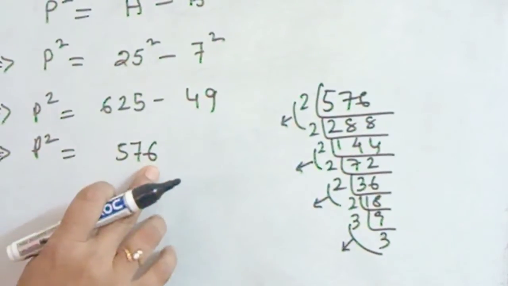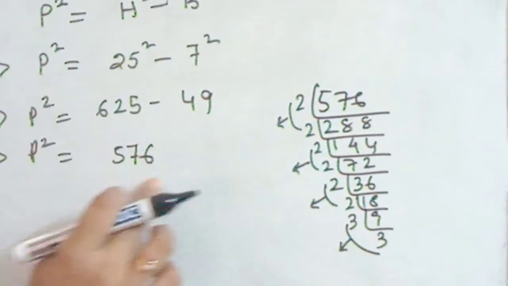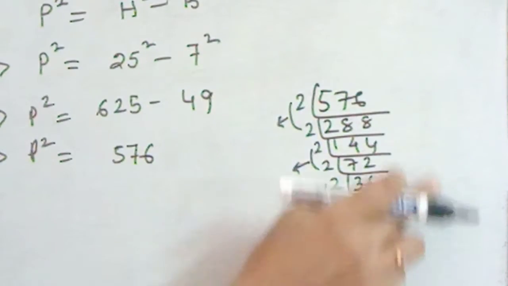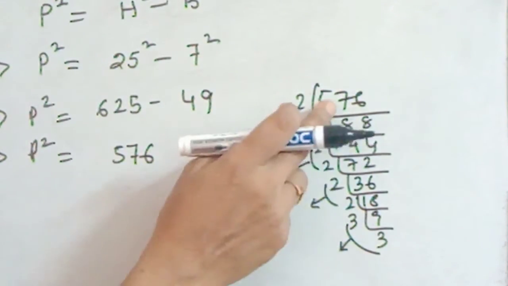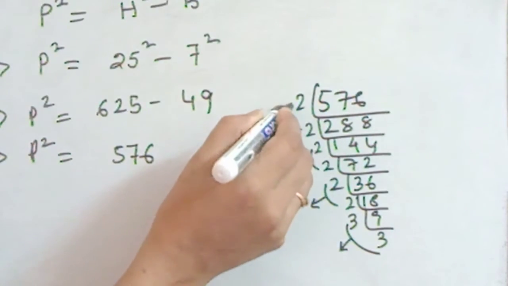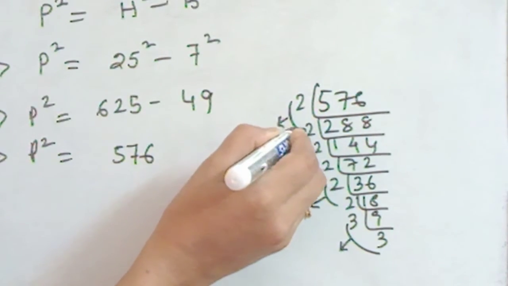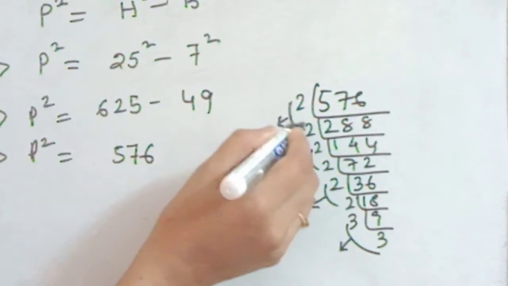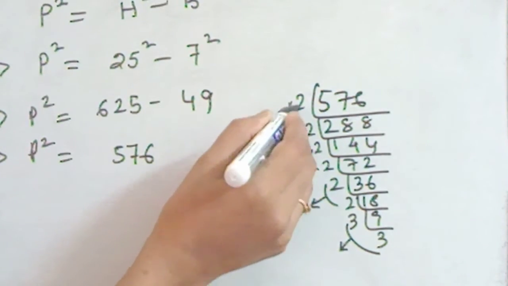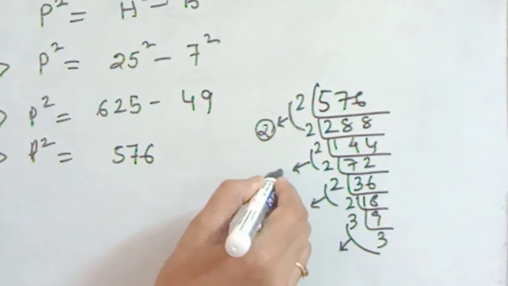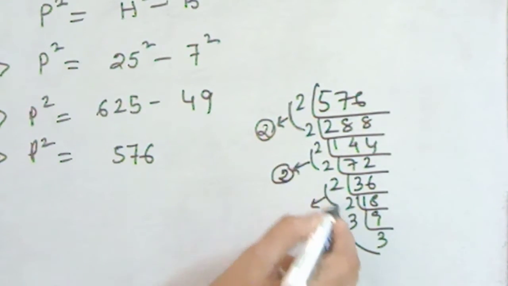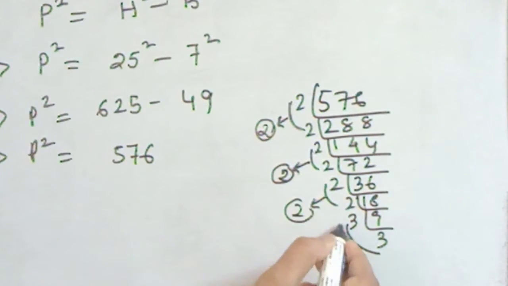After finding all the prime factors of 576, you will take one pair, and from one pair you will take one number. Here also, out of these two twos you will take one, out of these two twos you will take one, and out of these two threes you will take one.